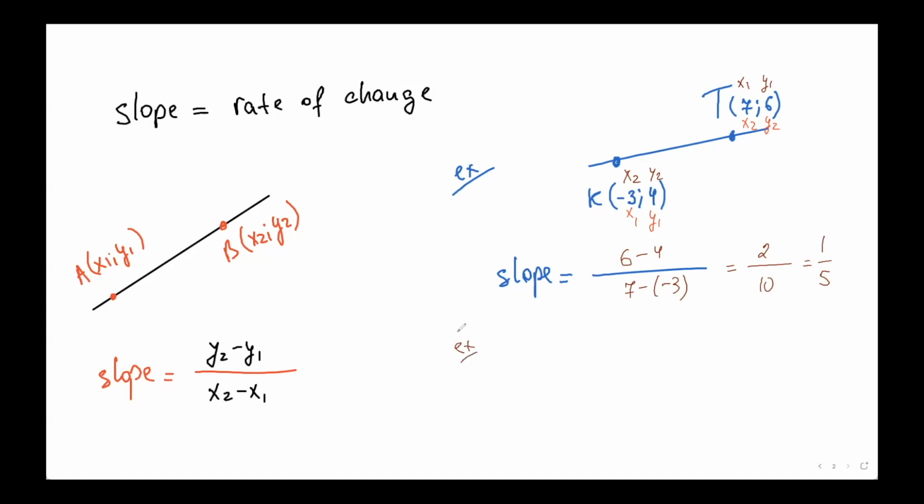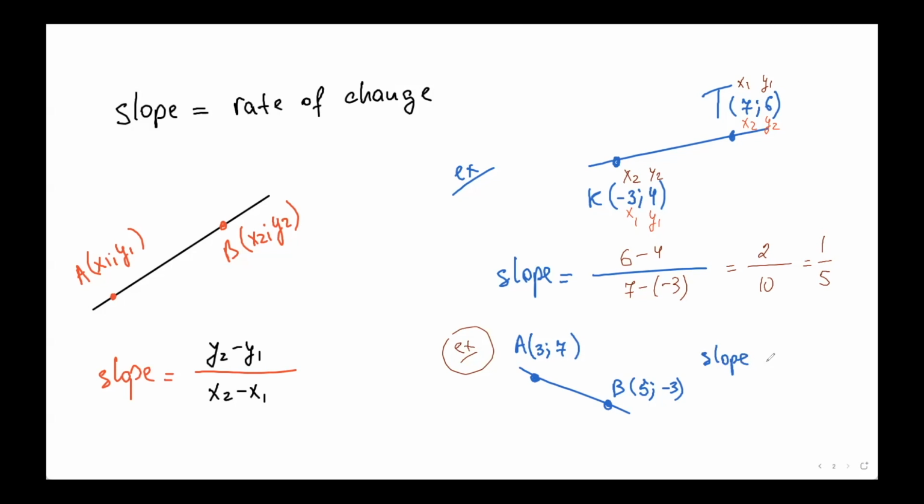Another example, let's say you have another line. Oh, this one decreases. A is 3 and 7, and B is, let's say, 5 and -3. Let's find the slope.